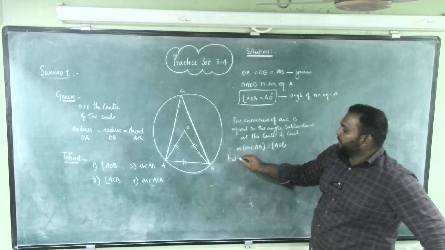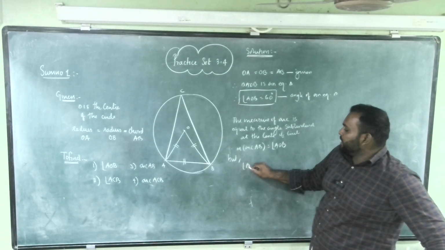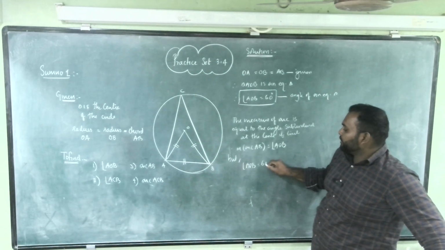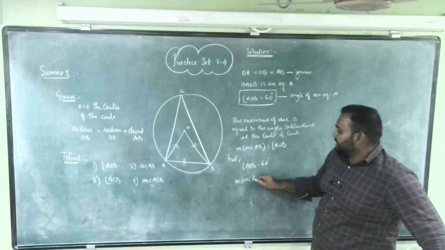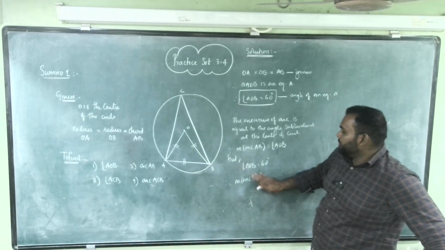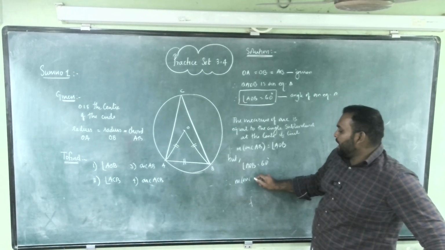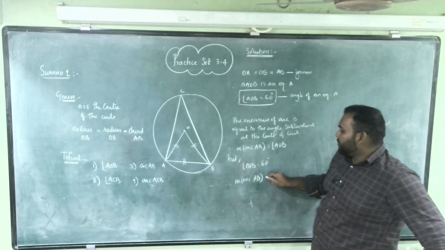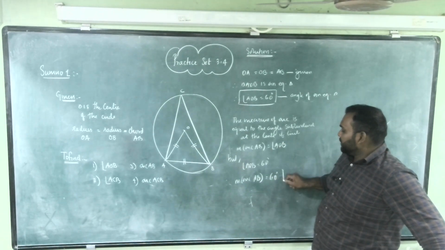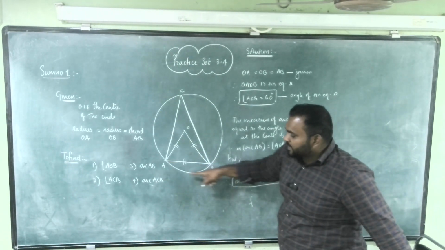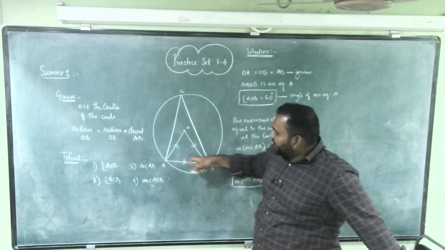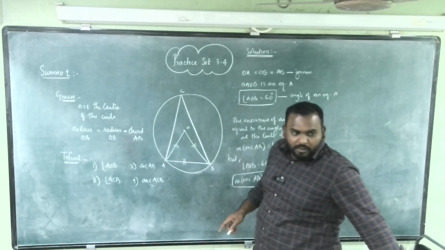But angle AOB is equal to 60. If angle AOB is 60 then measure arc AB will be equal to 60. This is the second one we got. Now if arc AB is 60, how much will the inscribed angle ACB of AB be?